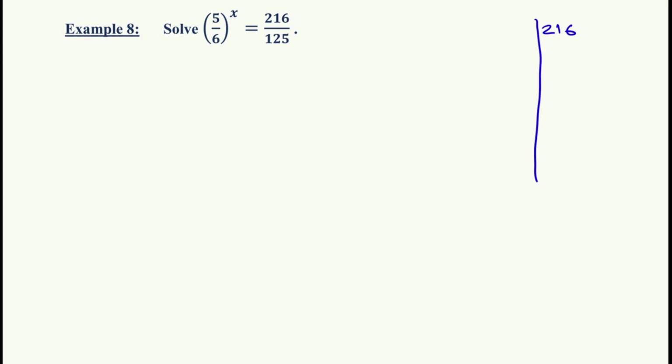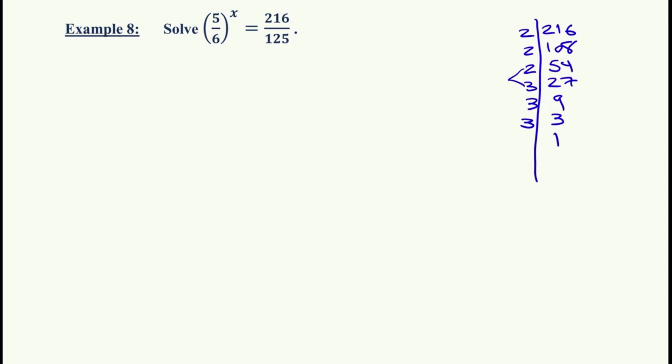Even if you don't know these things, if you take the time and find the prime factorization, you can always find it. So 2 gives us 108, 2 gives us 54, another 2, 27. Now we go to 3, which gives us 9, 3 again, 3, and finally one last 3 gives us 1.